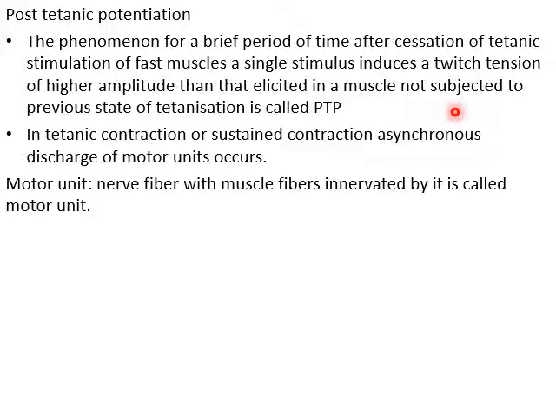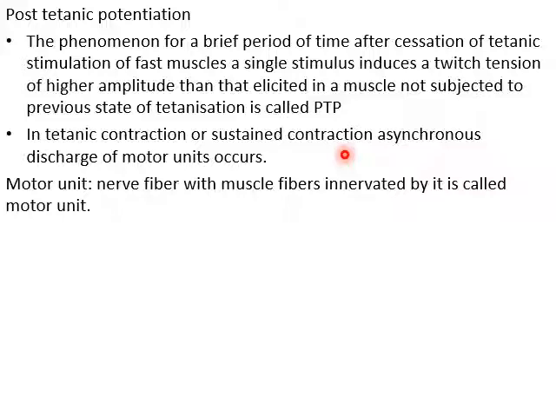Now, in tetanic contraction or sustained contraction, there is asynchronous discharge of motor units. So when the muscle contraction as a whole is occurring, we know that in tetanic contraction there is a sustained contraction without any relaxation. So are all the muscle fibers contracting? No. There is asynchronous discharge of motor units.